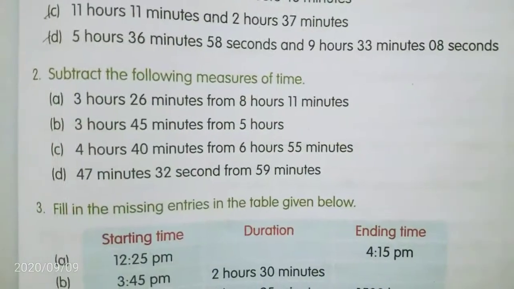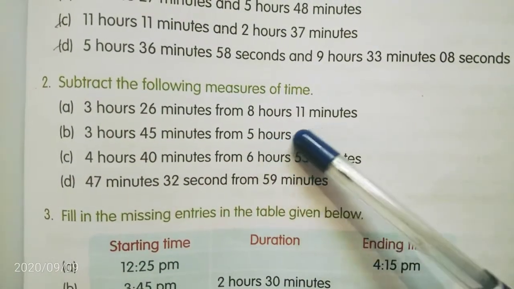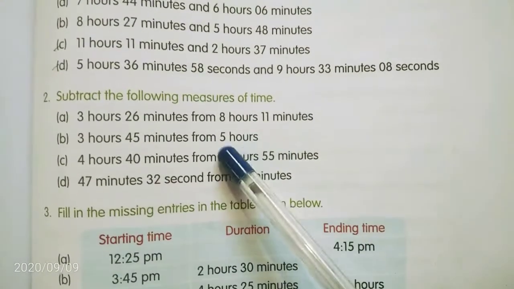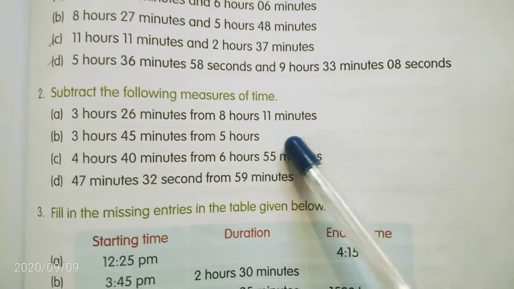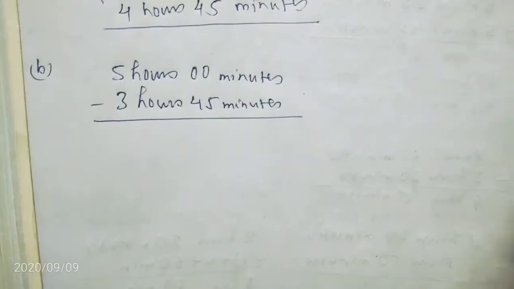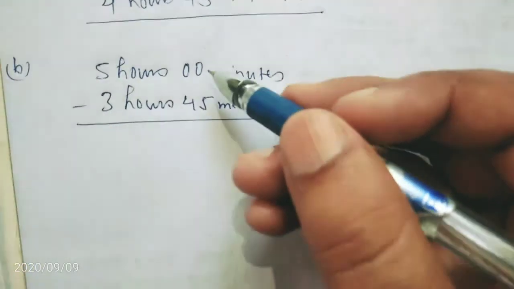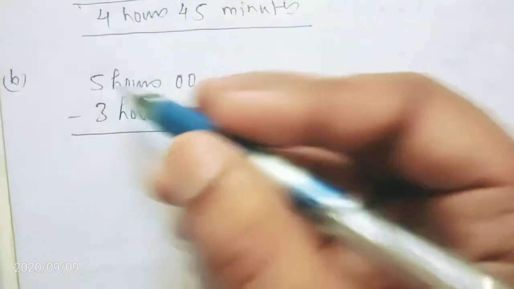Now 2 number B, 3 hours 45 minutes from 5 hours. So here no minutes are given. If minutes are not given, that means you will assume the minutes as 0 minutes. Now see here, 5 hours 00 minutes minus 3 hours 45 minutes. That means this is the smaller number, so you have to add 60 minutes here and minus 1 hour here.